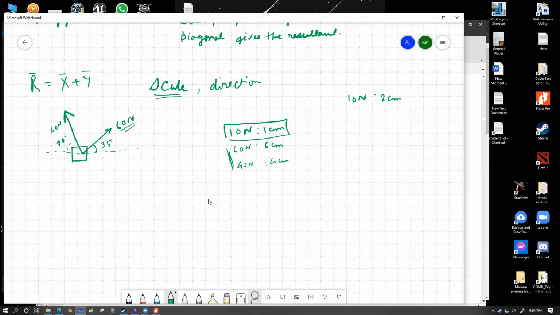So if I just divide both sides by 2, I can write 5 Newton for 1 centimeter. If we choose this one as our scale, we can also once again get this number. So that would mean 60 Newton force should be represented by an arrow length of 12 centimeter, and 40 Newton force should be represented by an arrow length of 8 centimeter. Now you should judge within the amount of space that you have available within your copy, which figure is possible for you to draw.